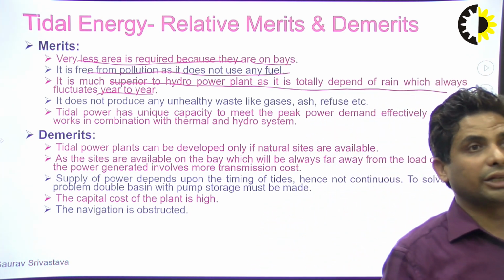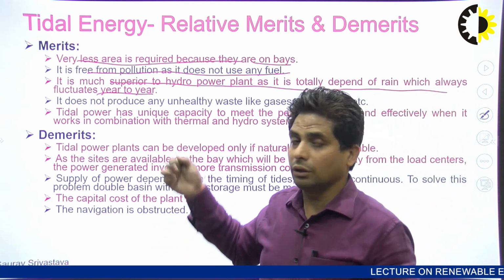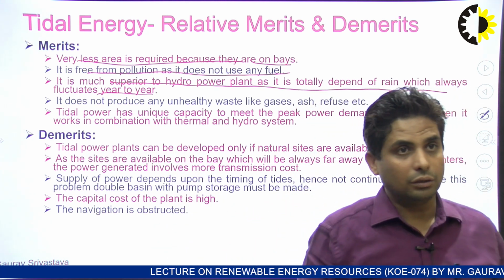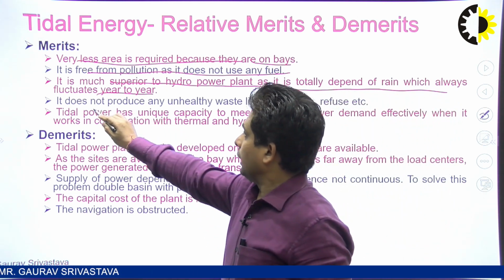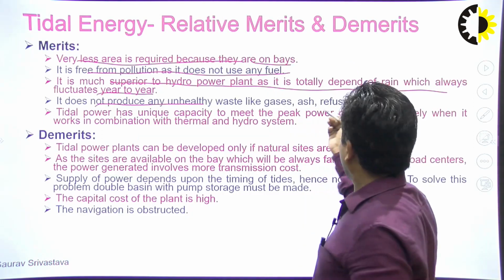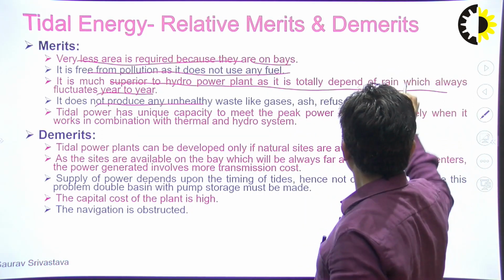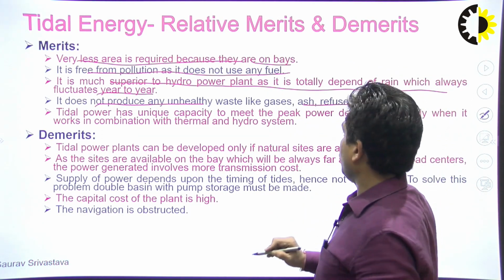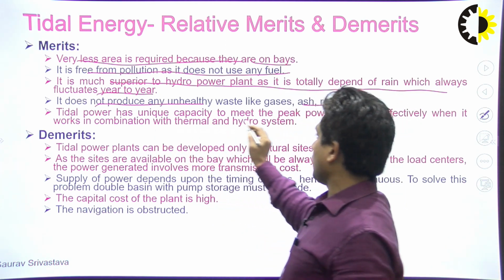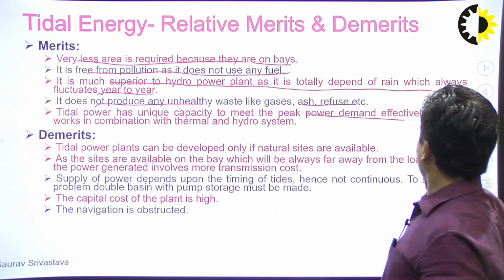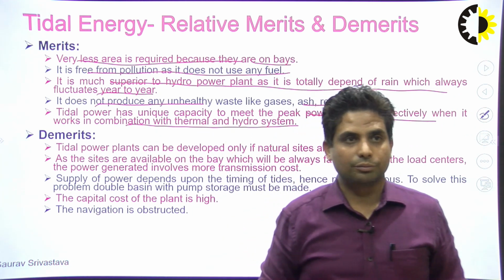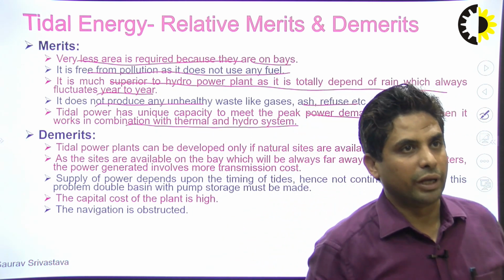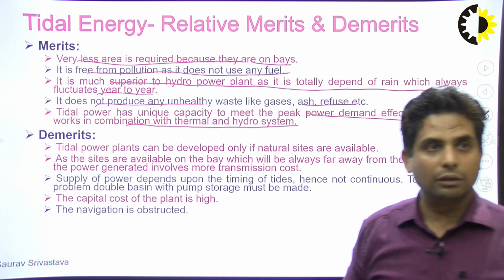But in the case of tidal, generation happens through the sea, which is available for a long time, always. It does not produce waste like gases, ash, fuels, or refuse. Tidal power has a unique capacity to meet peak power demand effectively when it works in combination with thermal and hydro systems. So these are the merits and advantages of tidal waves.